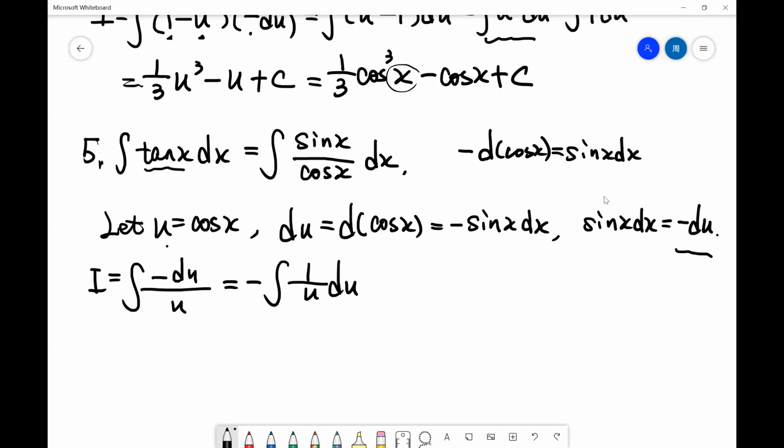Then we can use the formula that equals minus ln absolute value of u, then plus c. So the final result should be minus ln absolute value of cosine x plus c here. So this is the result for number 5. Any questions here?